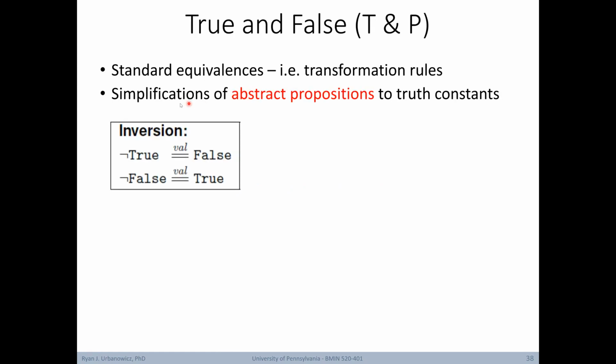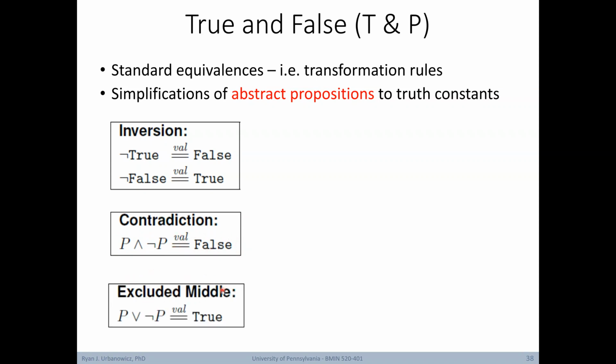There are also equivalences that are basically simplifications of abstract propositions to truth constants. With inversion, we have negate true is equivalent to false, and negate false is equivalent to true. Contradiction is where we have P and not P always being equivalent to false. The excluded middle is when we have P or not P, which is always equivalent to true.